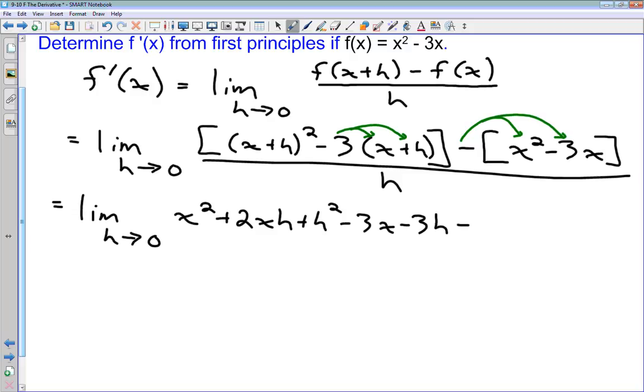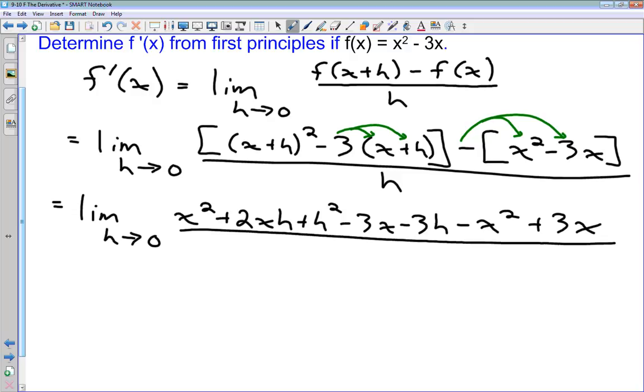So I get negative x squared plus 3x. And if I've done this expansion correctly, we should see some of these terms start to cancel each other out. I've got an x squared here and a minus x squared over here. I've got a minus 3x right here. I've got a plus 3x over here. So I expand those out, and then I simplify.